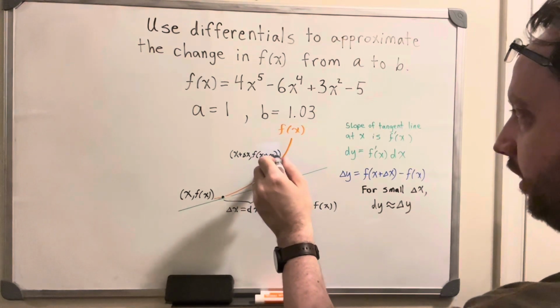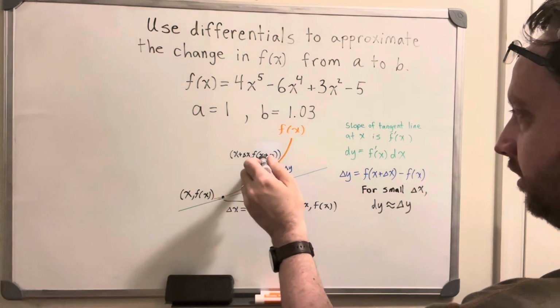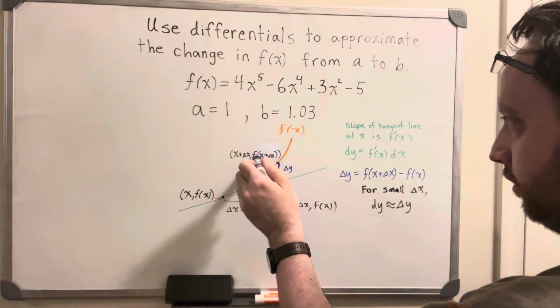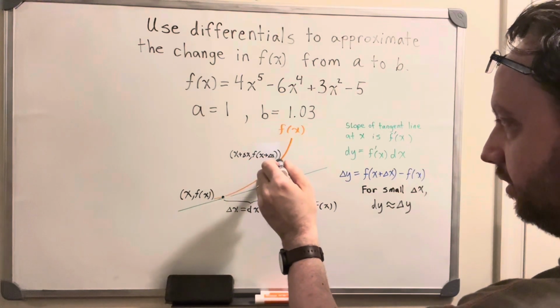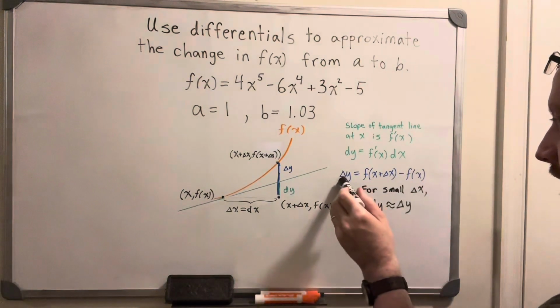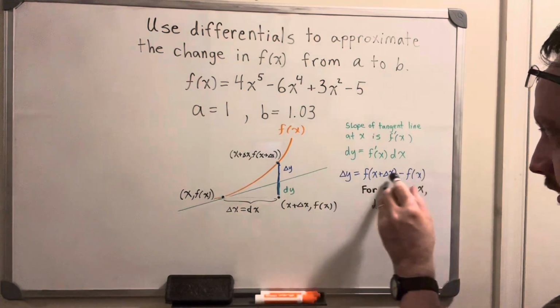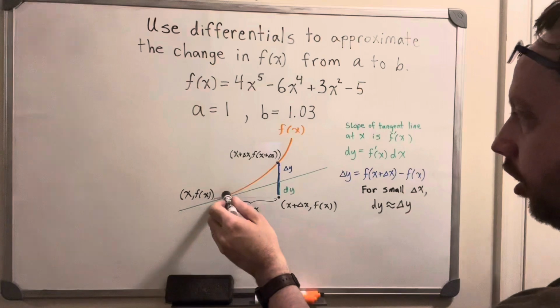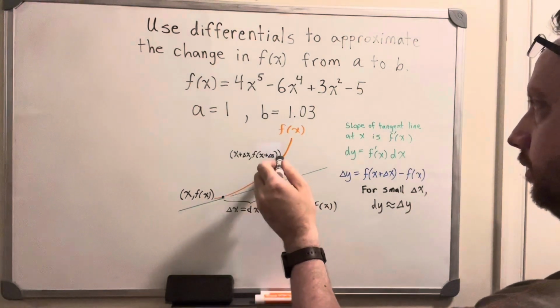Delta y is just the difference in y value, so it's f of x plus delta x minus f of x. This would be the actual change because you're moving on the function itself.